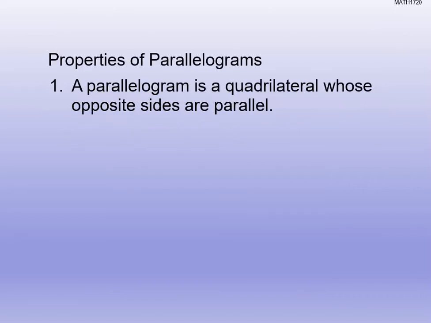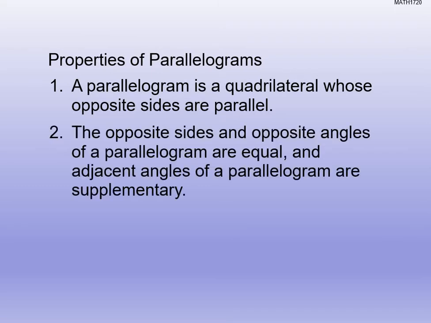All right, reviewing parallelograms. Remember, a parallelogram is a quadrilateral whose opposite sides are parallel. The opposite sides and opposite angles are also equal, and adjacent angles of the parallelogram are supplementary, meaning they add up to what? 180 degrees. Those are the adjacent angles, the angles that are next to each other.